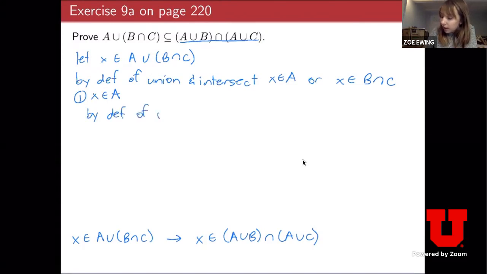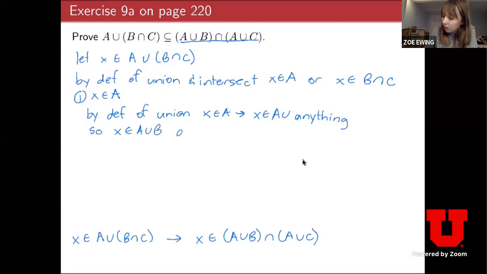if X is in A, then that means X is in A union anything. So that means we know that X can be in A union B, and X also can be in A union C. So now we've got another keyword here, and what does that tell us?